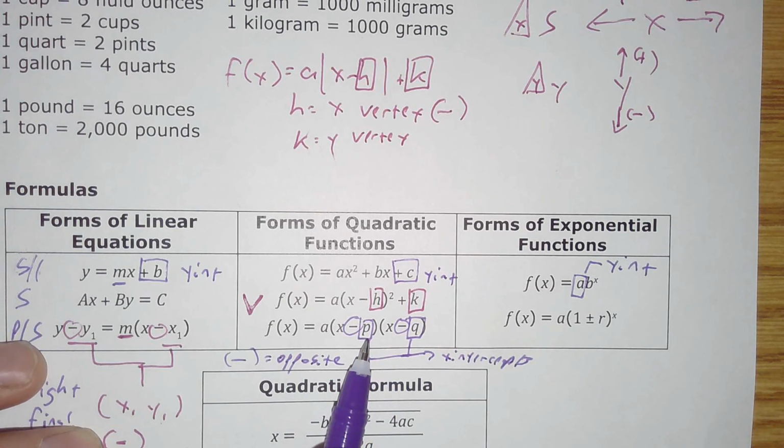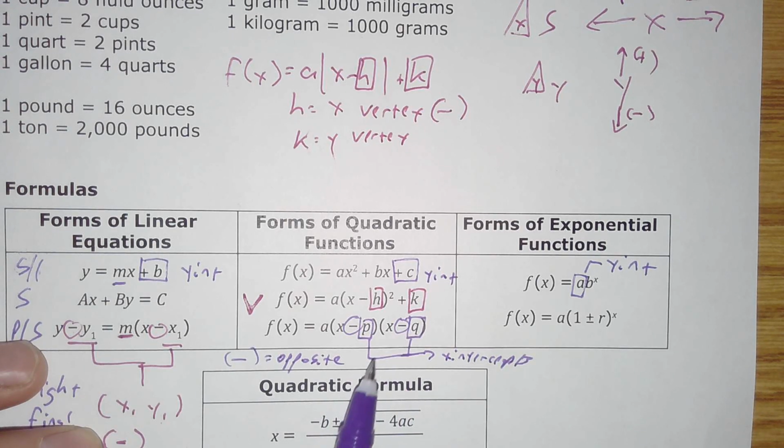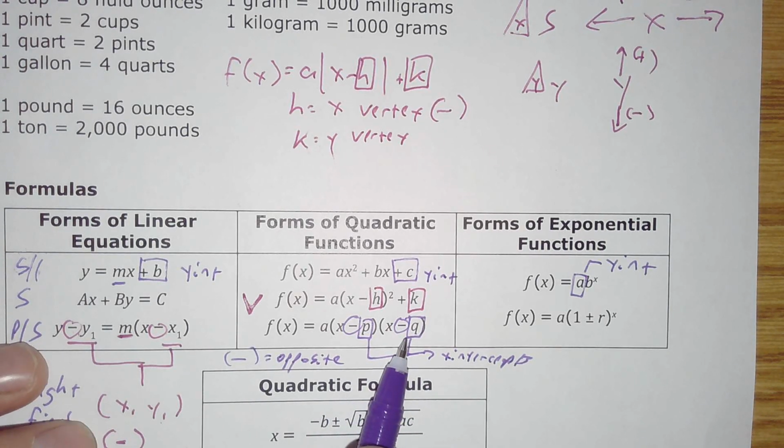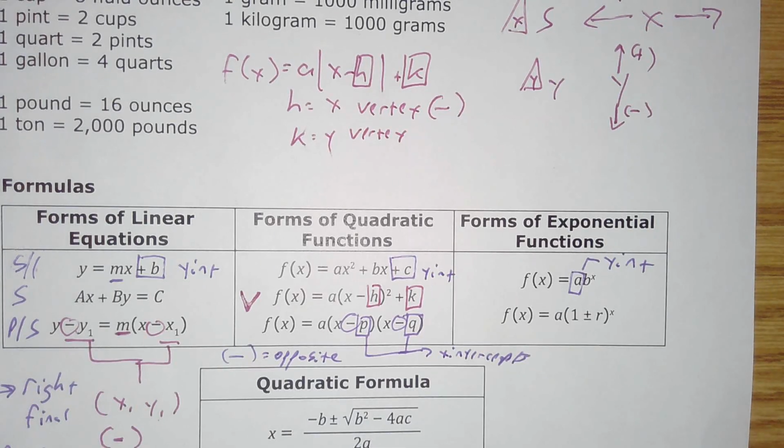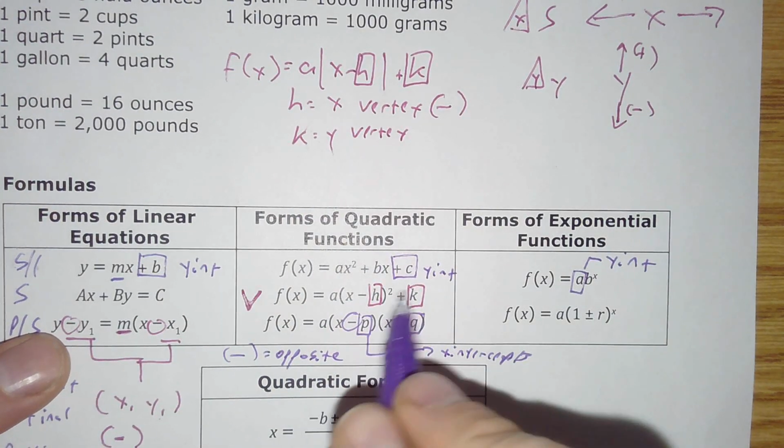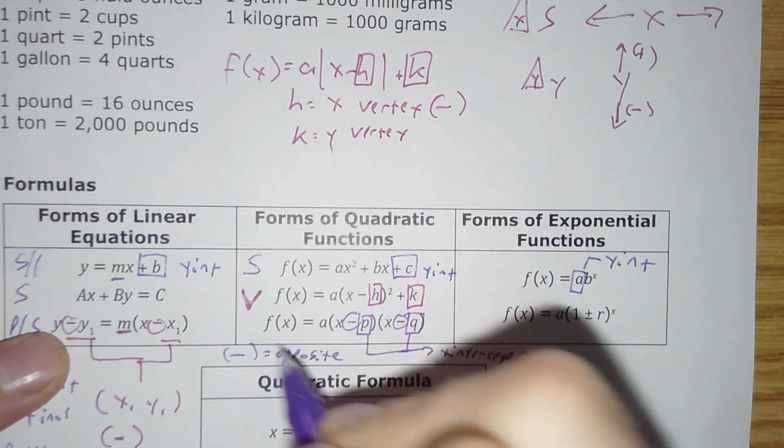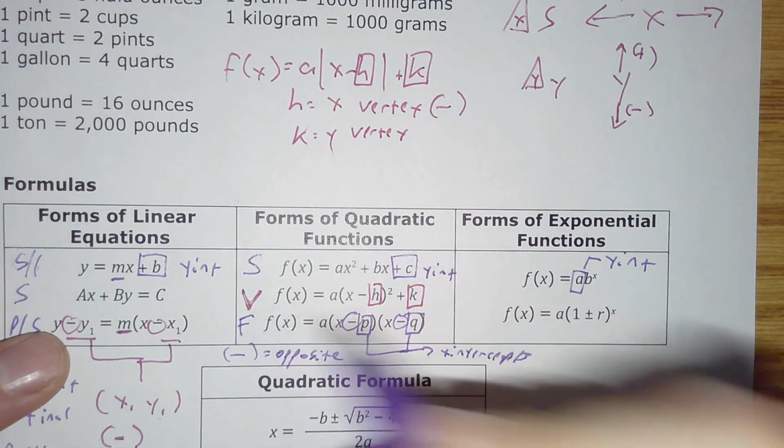So if you had a 3 here and a negative 3 here, your x-intercepts would be -1 and 3, right? -1 and 3. So this is a standard form, and this is a factored form.